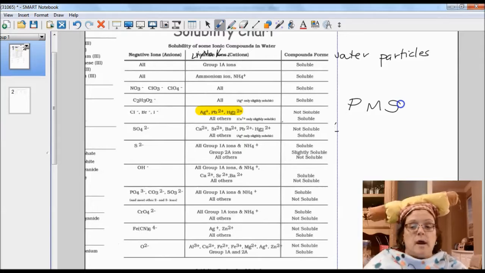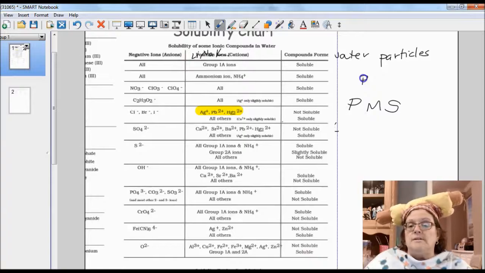Of course, people write off ladies that are cranky with, oh, they must have PMS, right? You've all said it. You all know you have. PMS, these 3 elements are cranky. So they are not going to be soluble a lot of the time. For the most part, from here on out, lead, mercury, silver are going to precipitate. And we used that word before, precipitate.